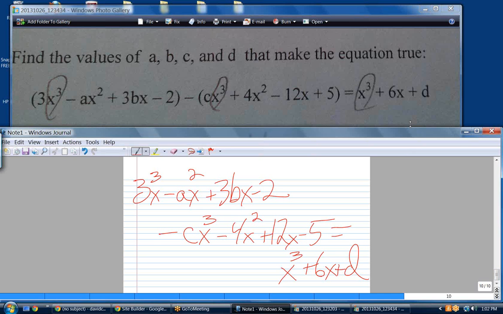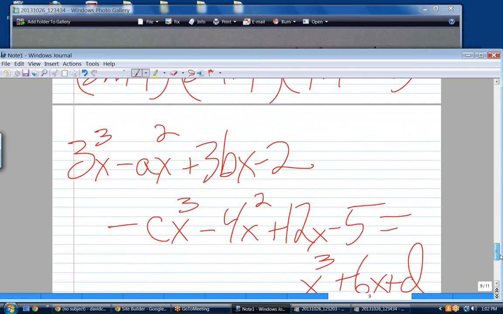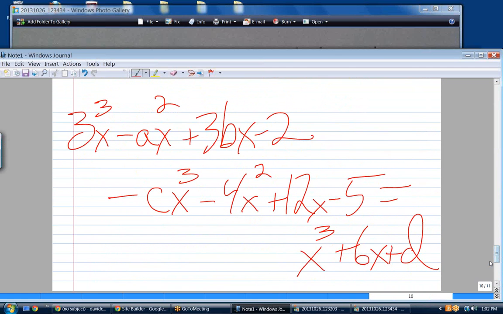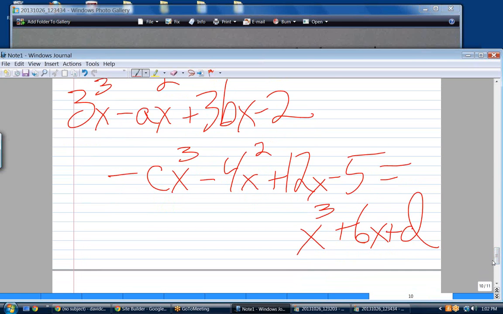So now let's simplify what we can do here. On the left side of the equation, how many x cubes do we have? 2. We have that one and that one. Factor out the x cubed and leave the coefficient behind. 3 minus c.